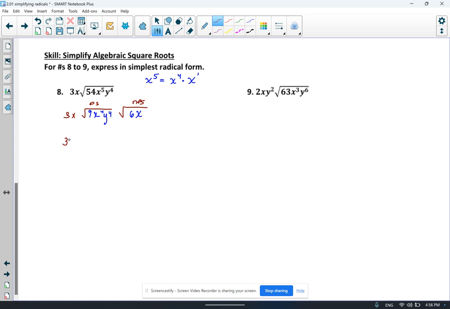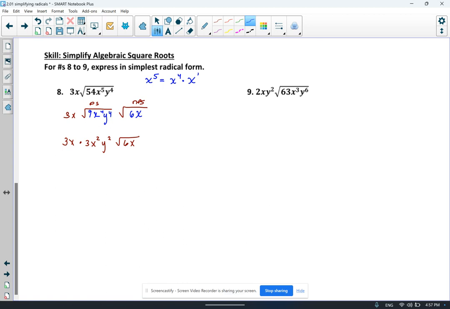We then simplify the expression, take the square root of the expression, the square root of 9x to the fourth y to the fourth, and we get 3x squared y squared, square root of 6x. So what you do from there is you end up multiplying.